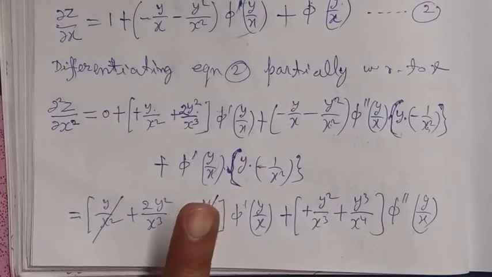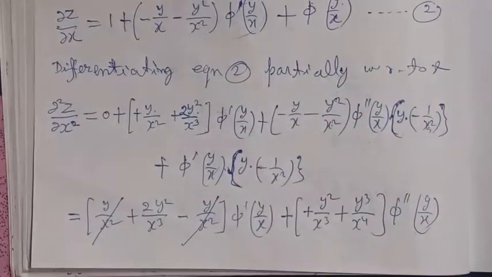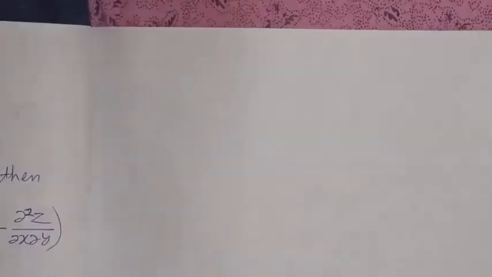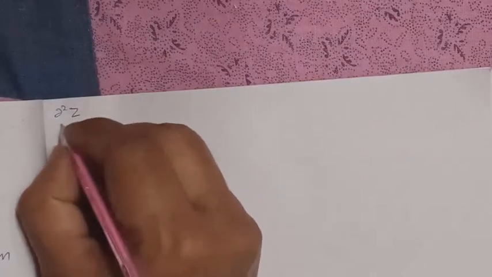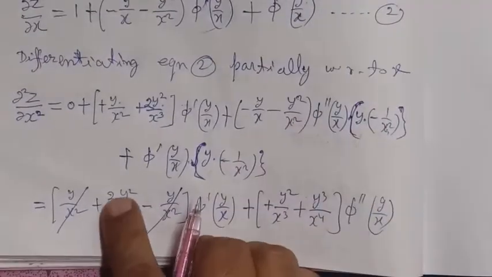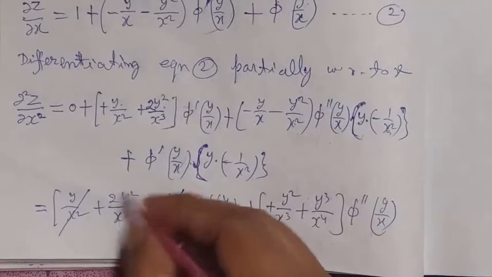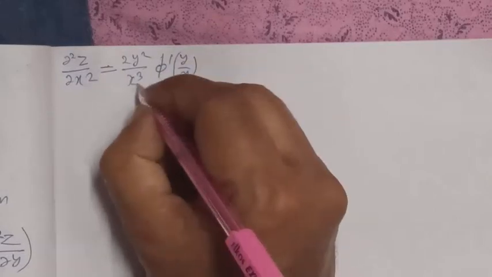I write on the next page del 2 z over del x square, which will be used in the next steps. Only this term, meaning the coefficient of y dash equals 2y square upon x cube. I write 2y square upon x cube phi dash y upon x.